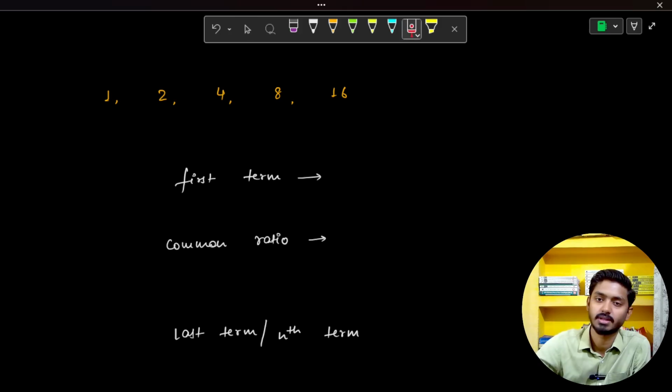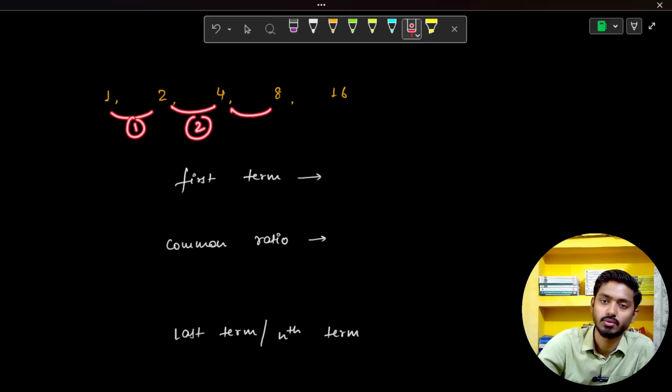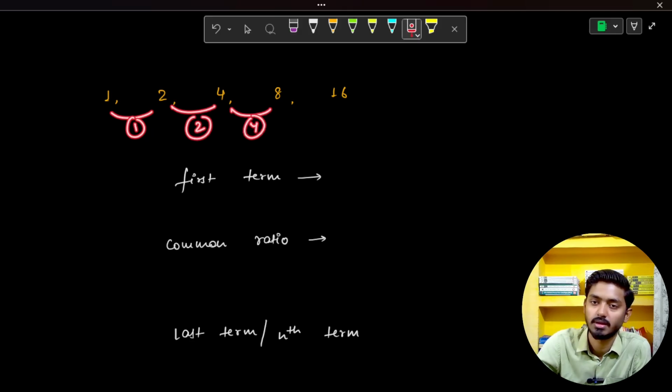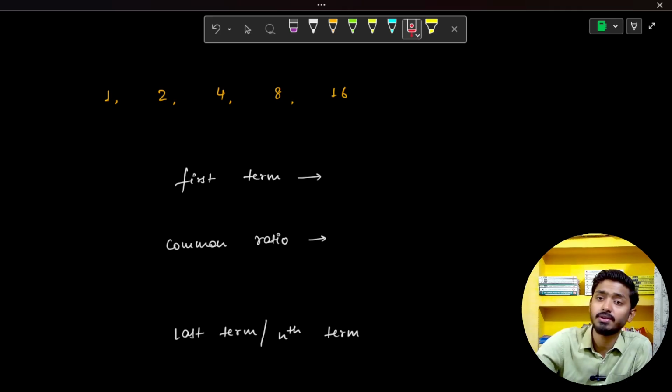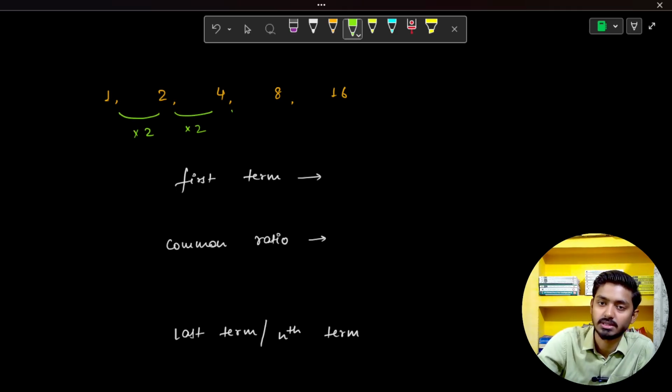Observe this. This as well is a similar series where the difference varies: 1, 2, 4. So it cannot be classified as arithmetic progression. But if you look closely, you will see that the multiplying factor for these is the same.